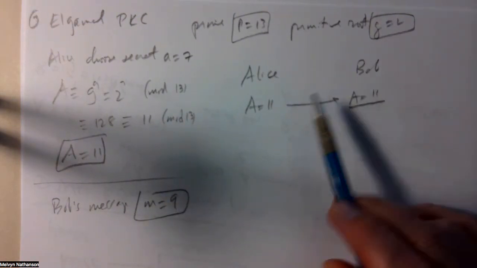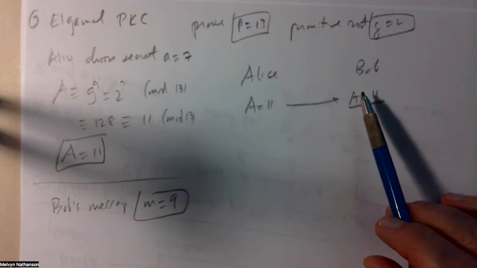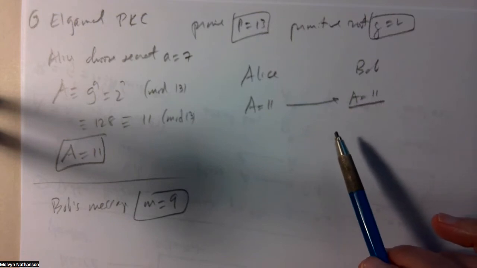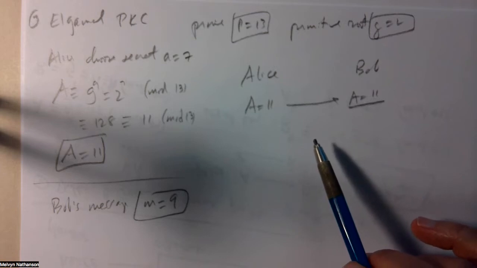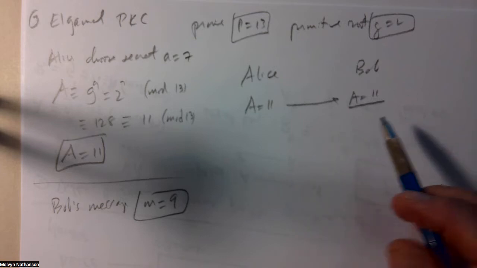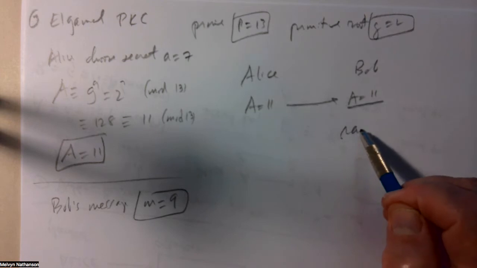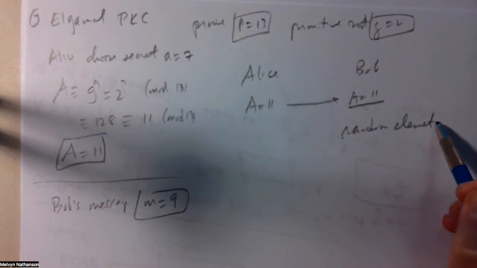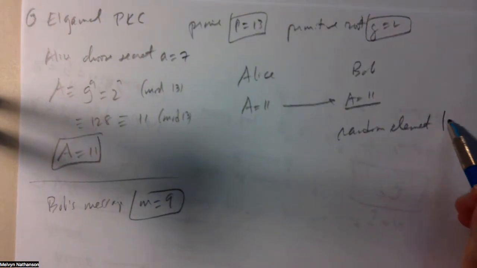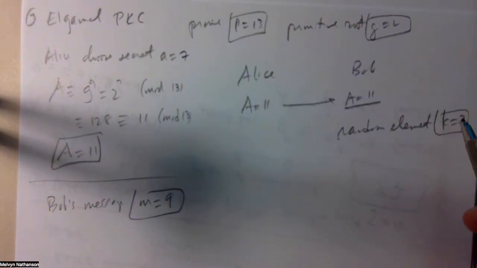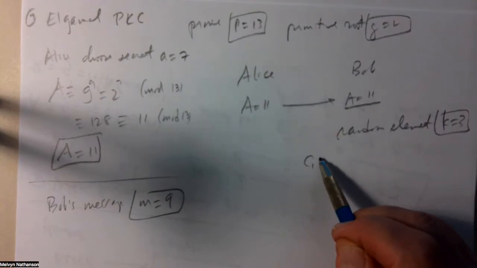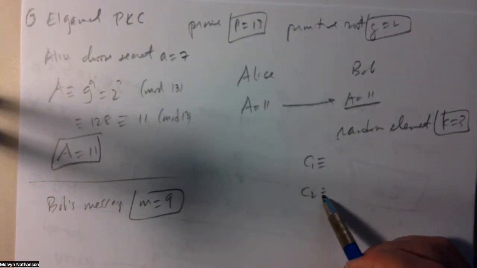Bob wants to send Alice the message 9 in such a way that no one can intercept and know what his message is. So Bob chooses a random number, k. Let's say he picks k equal to 3. And he computes two numbers, C1 and C2.